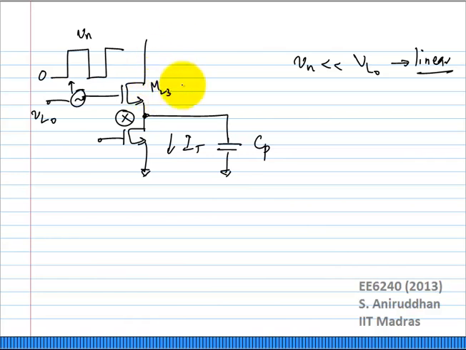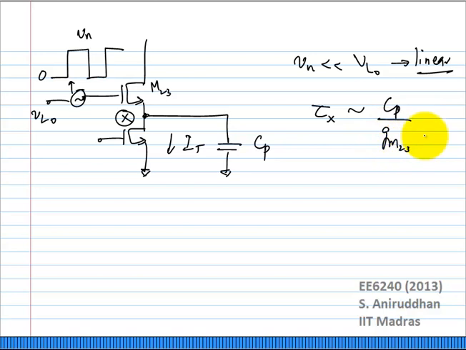This is M23. The time constant at node X is given by, the time constant X goes as, what is it? Cp by Gm23.